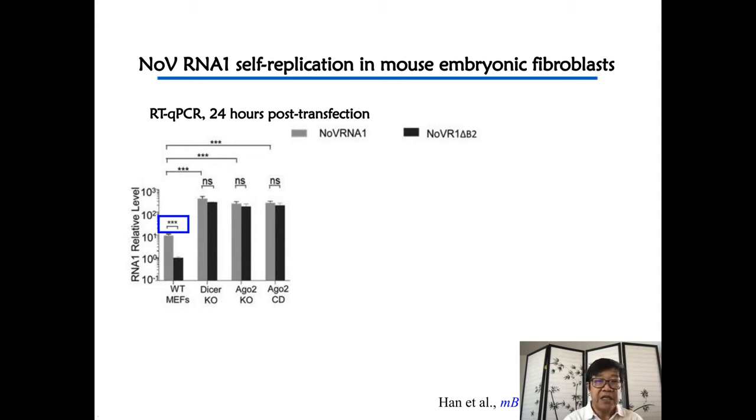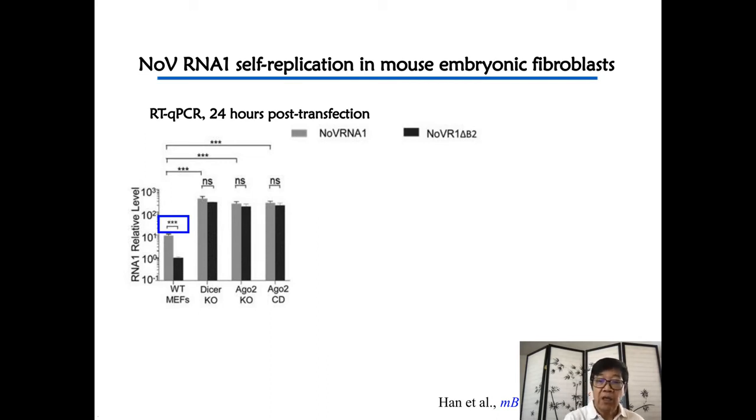What you can see in the very left two bars is the significantly higher accumulation of RNA1 for the wild-type RNA1 versus the delta B2 RNA1.